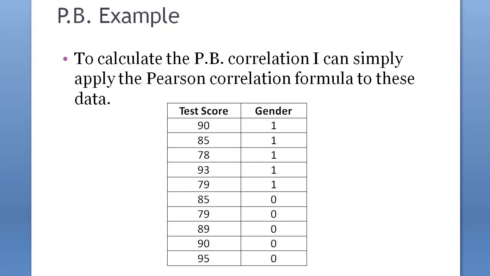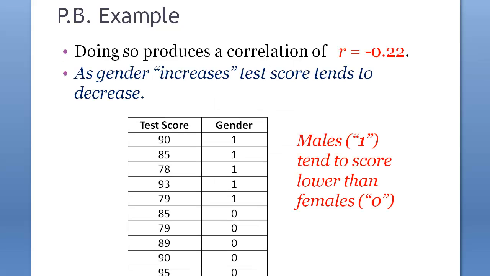So to calculate the point biserial correlation, you can simply apply the Pearson correlation formula again, just like in the previous examples. You can apply the Pearson correlation formula to these data, and this is what you get.